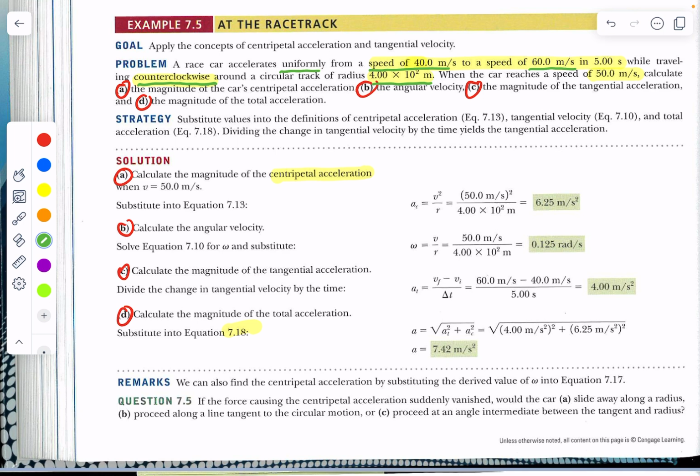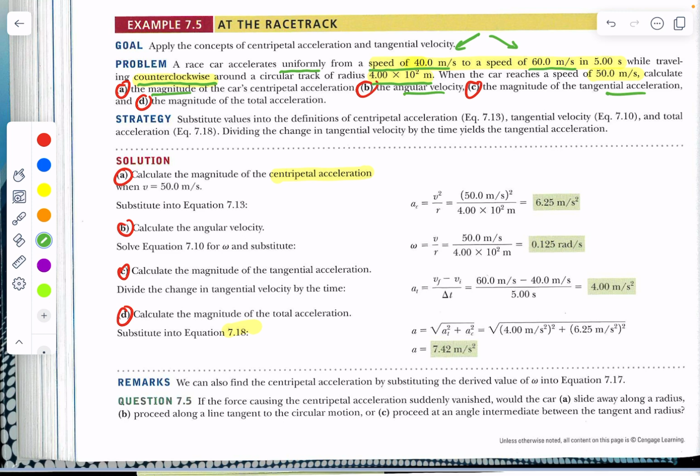And so we have 3 parts to the problem. Part 1 is when the car reaches a speed of 50 meters per second, which is halfway between the initial speed and the final speed, calculate the magnitude of the car's centripetal acceleration, then calculate its angular velocity, and then calculate the magnitude of its tangential acceleration.